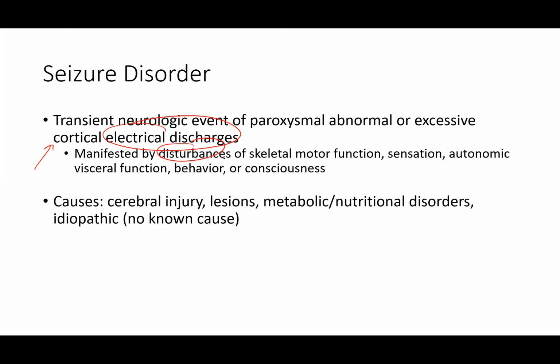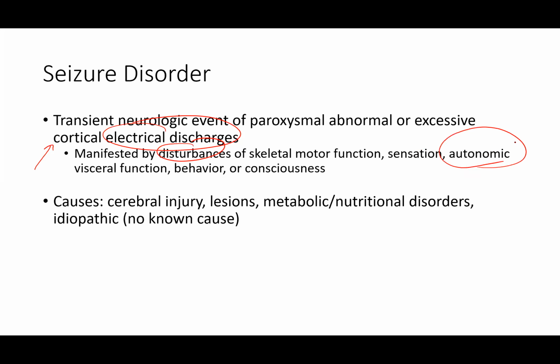Okay, you'll see some obvious disturbances in the motor function, usually manifested by different types of shaking and spasms. They can also have changes in sensation and their autonomic nervous system.